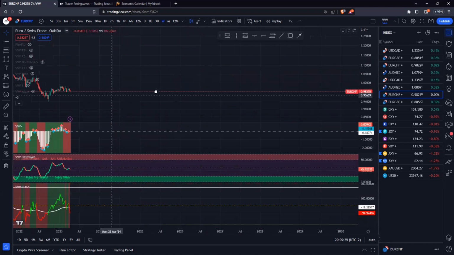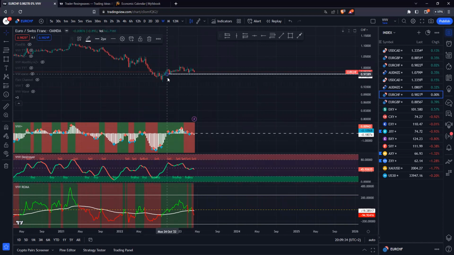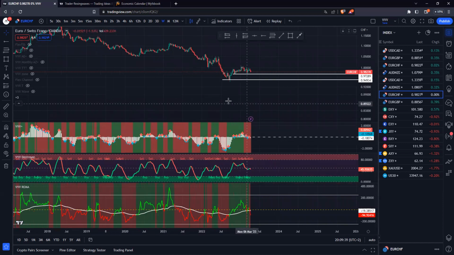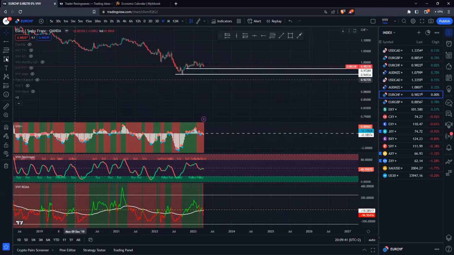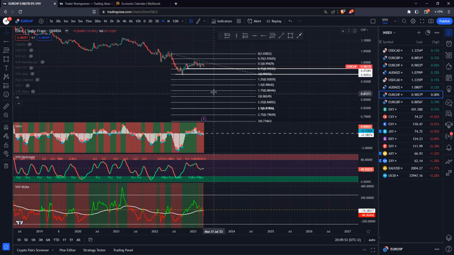Okay, so I want to see the next bear move here. The target places first is after this, and if those levels break, actually I want to see maybe this point.